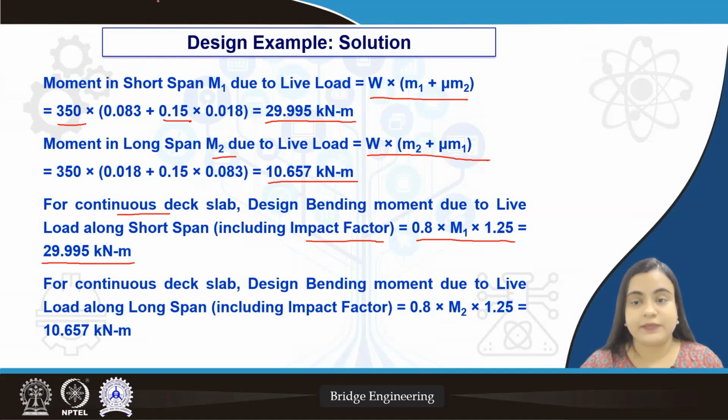Similarly, the design bending moment due to live load along the long span direction, including impact factor of 1.25 and continuity effect, turns out to be 0.8 times M2 times 1.25, that is equal to 10.657 kilonewton meter.